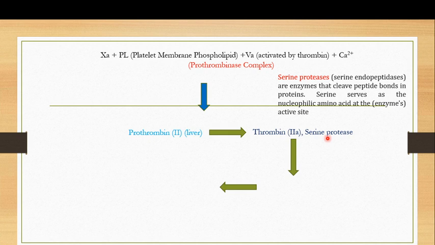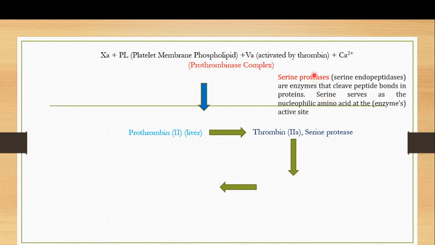So it's time to define what serine proteases, or serine endopeptidases, are. Serine proteases, also known as serine endopeptidases, are enzymes that cleave the peptide bonds in proteins, and they are called serine proteases because serine is the nucleophilic amino acid at the enzyme's active site.